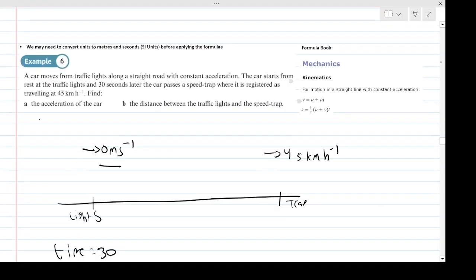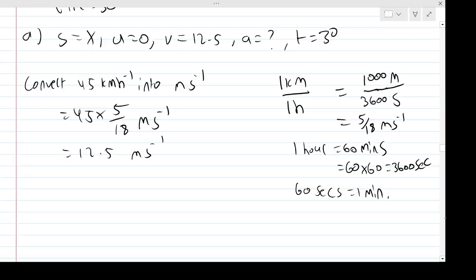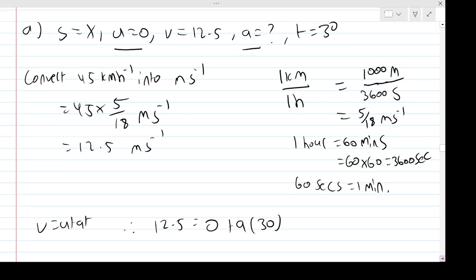So I'm going to use v is u plus at. Okay. So then v, I know v is 12.5 thanks to my conversion. And u is 0. a is, well, a, because that's the acceleration I want to work out. And t is 30. So, at that point, we just solve for a.